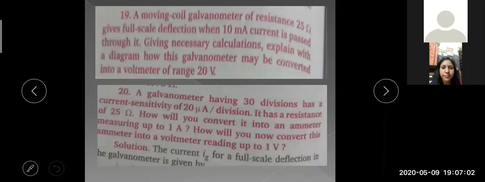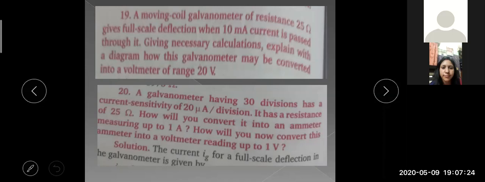Next question is, a moving coil galvanometer of resistance 25 ohm gives full scale deflection when 10 milliampere current is passed through it. Giving necessary calculations, explain with the diagram how this galvanometer may be converted into a voltmeter of range 20 volt.